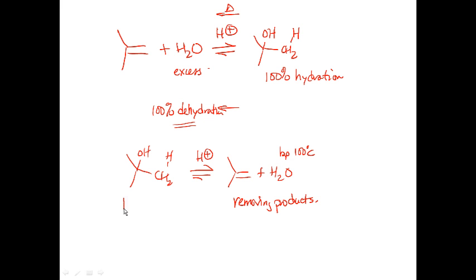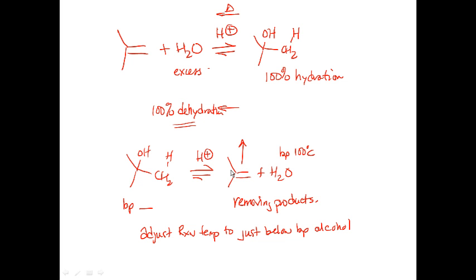And we know that the boiling point of alcohols is higher than the boiling point of an alkene because an alkene is a hydrocarbon. So if I wanted this reaction to go, I would adjust the reaction temperature to just below the boiling point of the alcohol, so that when I form the alkene it would distill, and I'd be removing products and force the equilibrium all the way to the right.